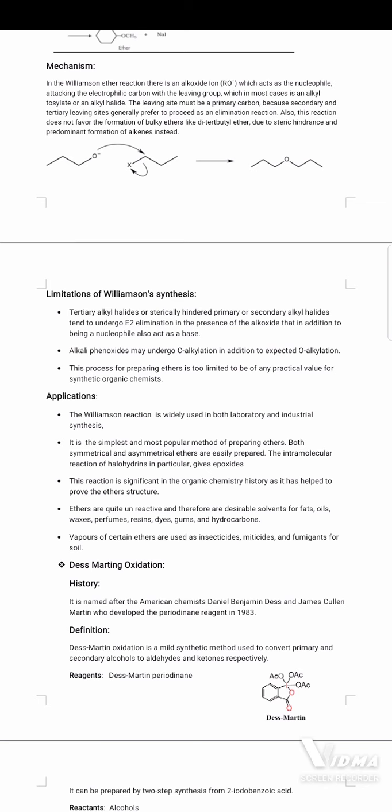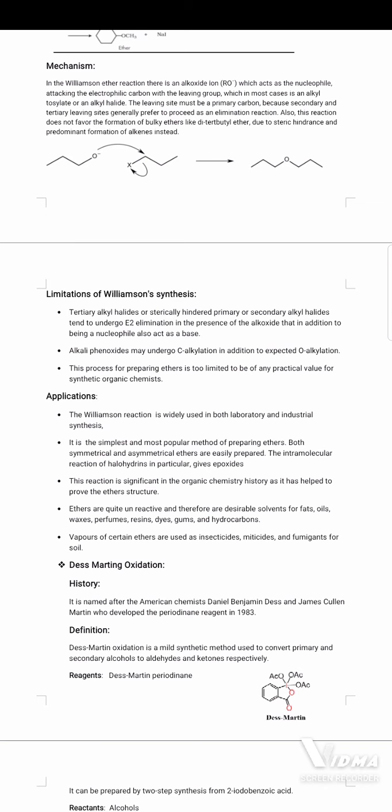On the other hand, O-alkylation is the alkylation of alcohols involving an alkylating agent, which is an alkyl halide. Alcohols alkylate to give ethers in O-alkylation. The second limitation of Williamson synthesis is that this process for preparing ethers is too limited to be of any practical value for synthetic organic chemists.